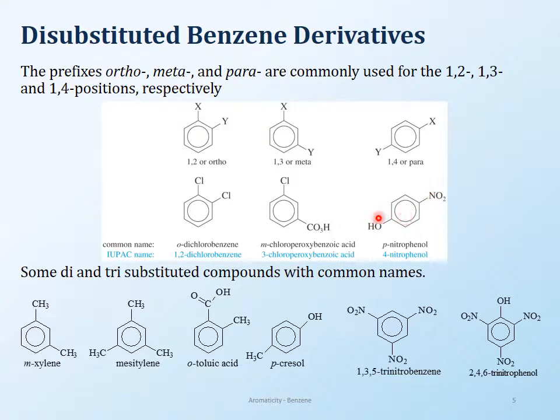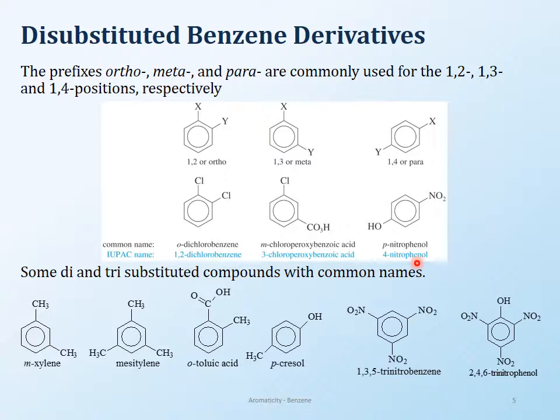So again, you don't have to say hydroxy separately because that is right there in the name with the phenol. The IUPAC name for this one would be then 4-nitrophenol. The 4-nitro from the relationship. And again, you don't have to say hydroxy because it's already accounted for in the phenol part.